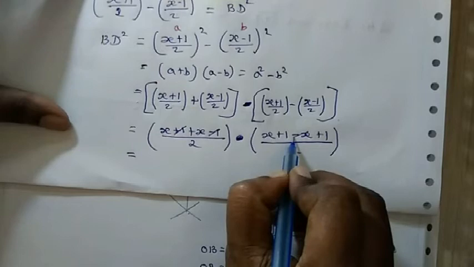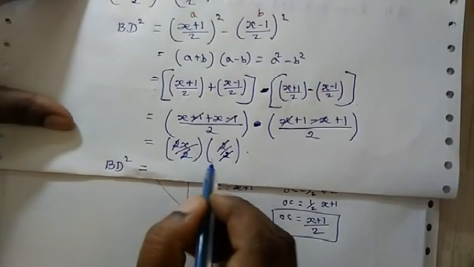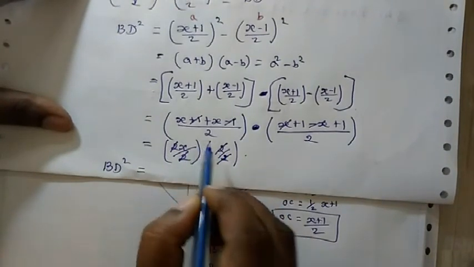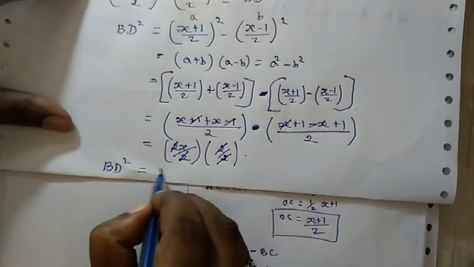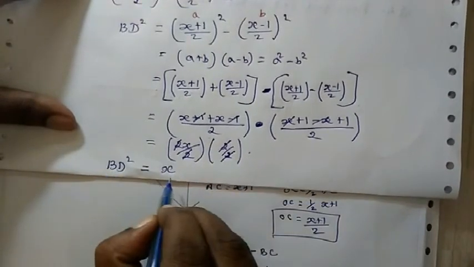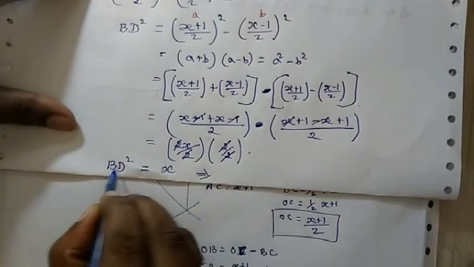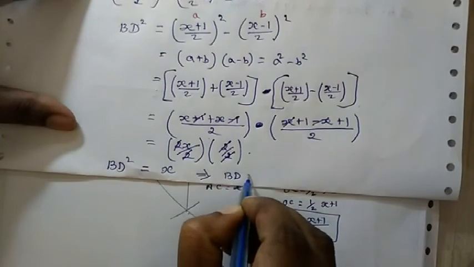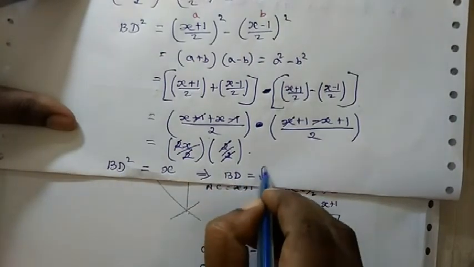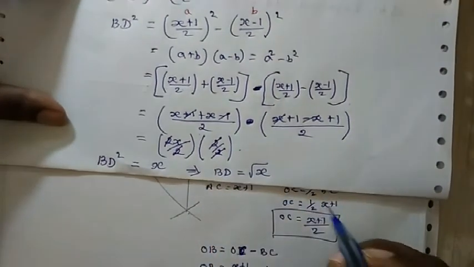So what do we have now? BD square equals x. Remaining is only x. So BD square equals x. Now when we bring the square to the other side, we will get root x.